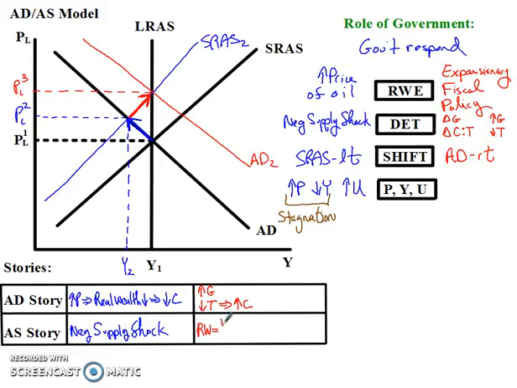Real wages are equal to nominal wages over the price level, and the price level is going to go up even higher. Meanwhile, nominal wages are sticky, so real wages are going to decline. And as real wages decline, companies are going to increase hiring, and that means companies are going to increase production. So there's the increase in production right there.